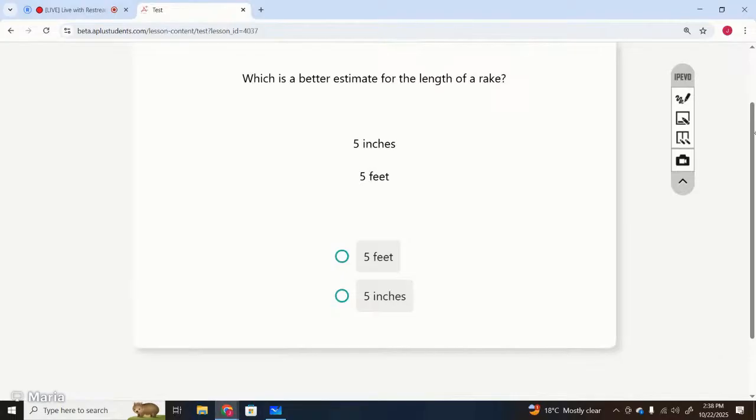Which is the better estimate for the length of a rake? 5 inches, 5 feet. That is 5 inches long. Oh, that is 5 feet.